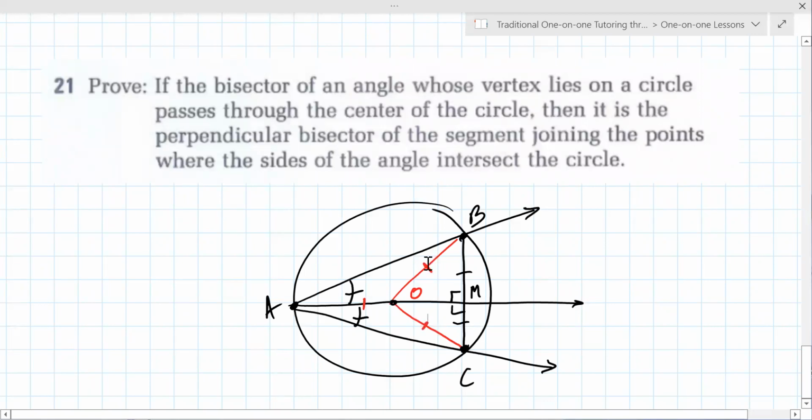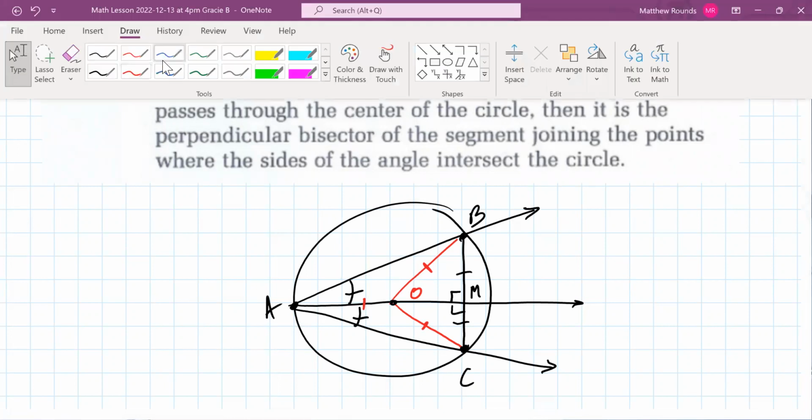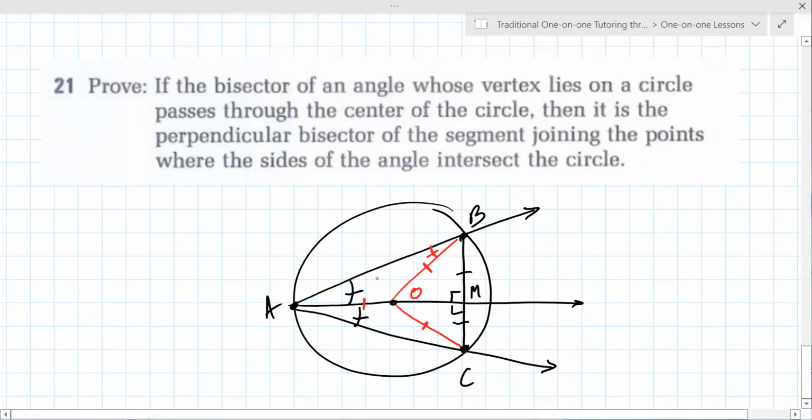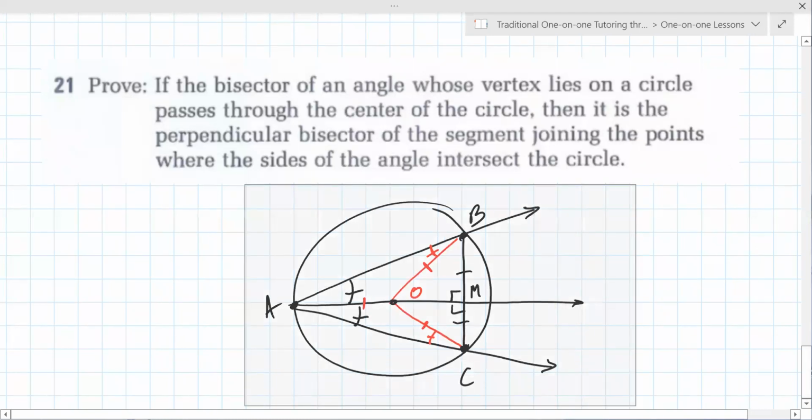So because these are two radii, this is an isosceles triangle, which means you can prove that the angle over here is also the same as the angle over here, and similarly get that. So that gets those triangles congruent, which gives you that AB is congruent to AC. Now the reason that's so important, I've got to redraw it here. Let me slide this all to the left.